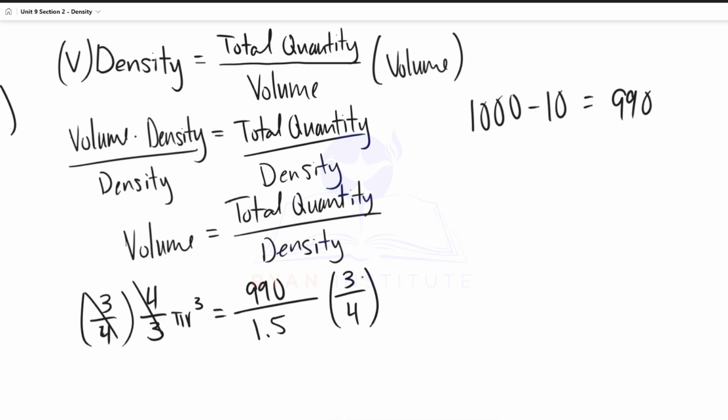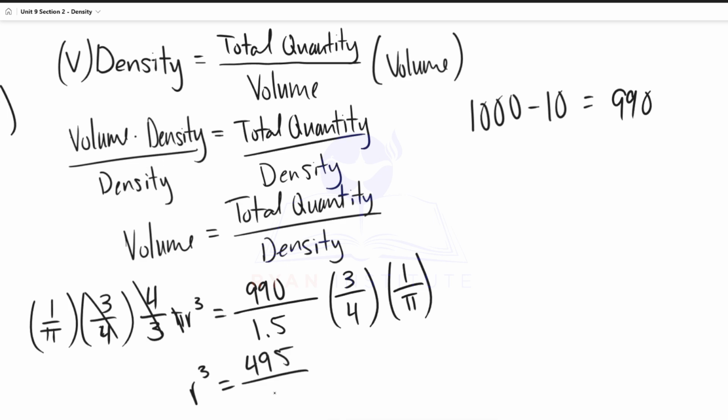And then we are also going to multiply by 1 over pi, so that cancels out the pi, and we're left with r cubed equal to 495 over pi, and then we're going to take the cube root of that.